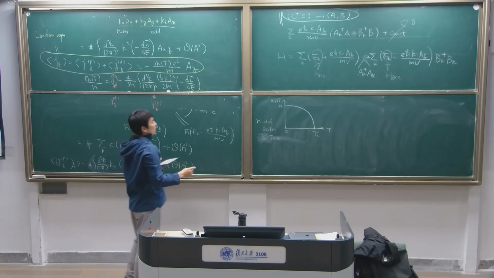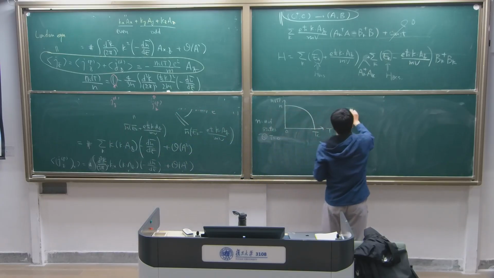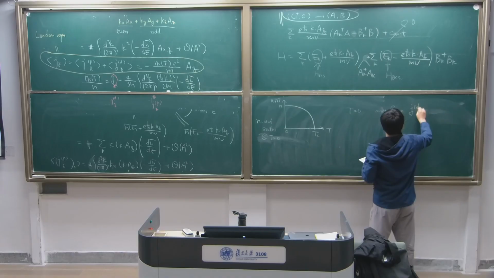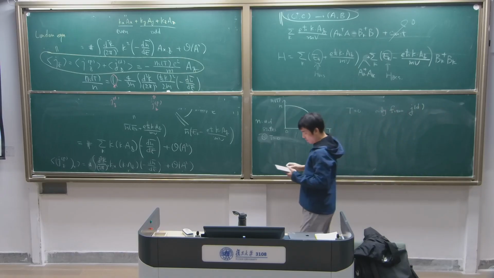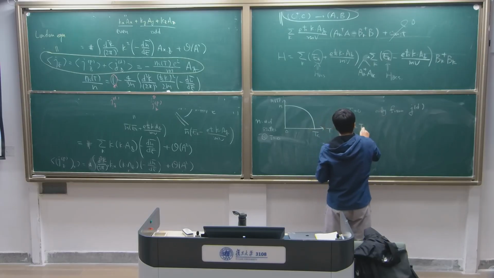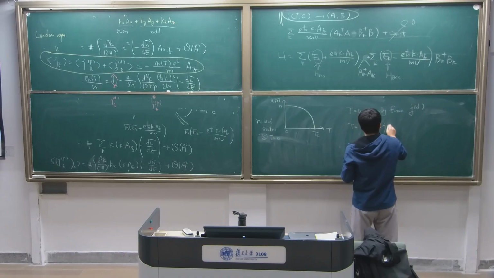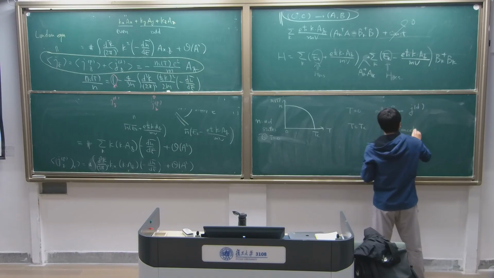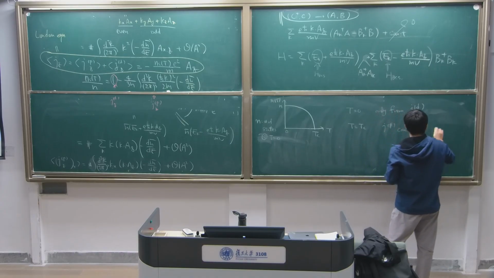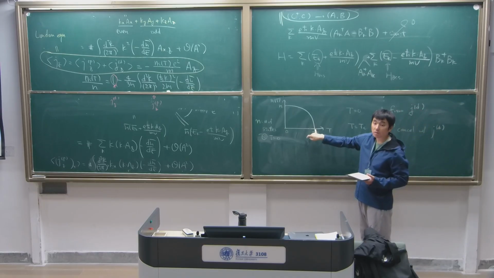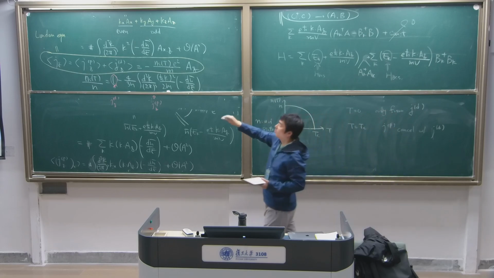This means that at T equals 0, the contribution is only from J of P. And then at T equals T_c, the J of D contribution cancels with the J of P contribution, so n_s becomes 0.